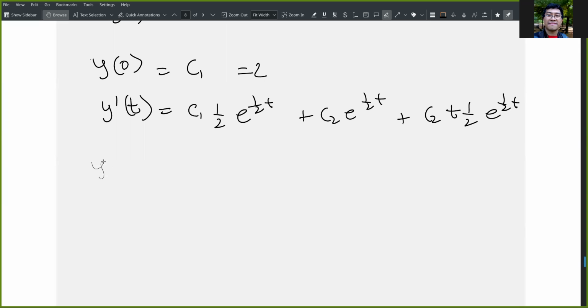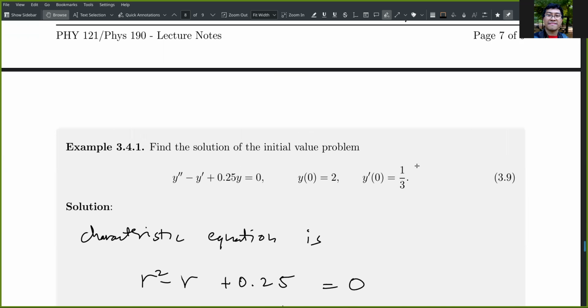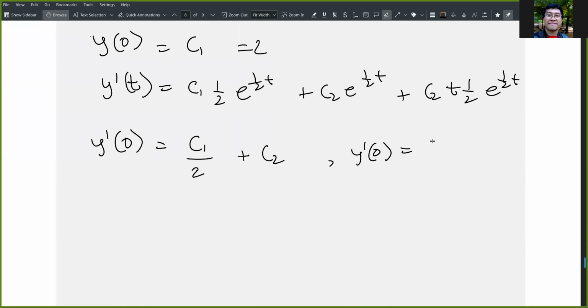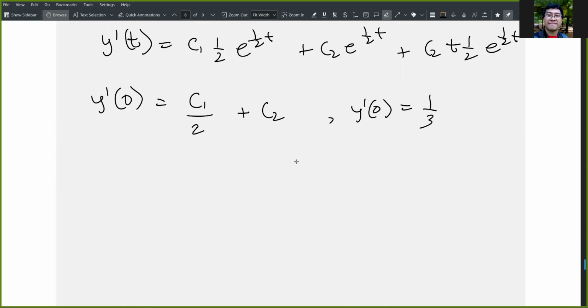Okay, if we set the variable t to 0, so this is 0, this is 1, this is 1, so you have c1 over 2 plus c2, and again y prime of 0 equals, oh, I'm not sure if it's 8, 1/3. 8 is from the previous example, so you have here 1/3 equals c1 is 2 plus c2, so this is 1.